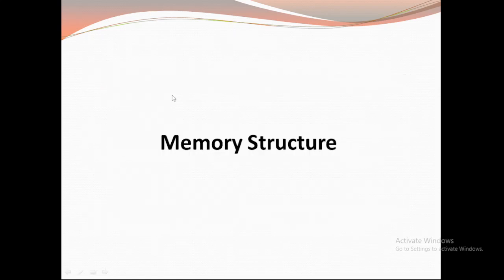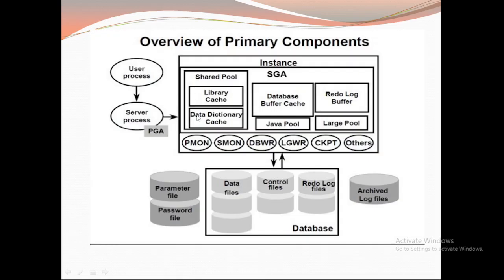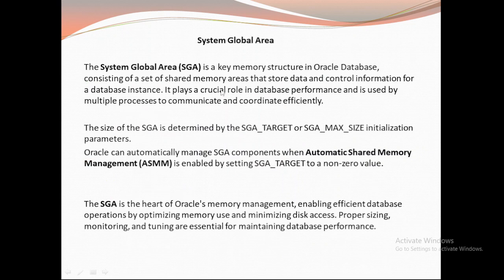It plays a crucial role in database performance and is used by multiple processes to communicate and coordinate efficiently. Inside this area, all those processes communicate and coordinate with each other to run the user process or application smoothly.